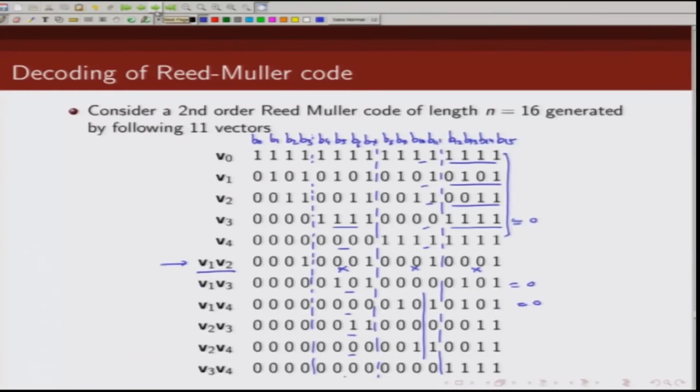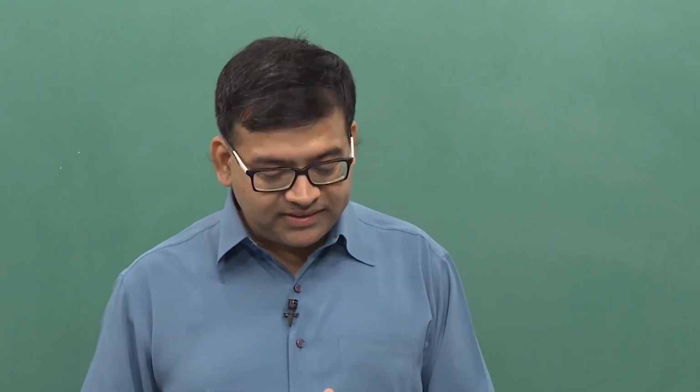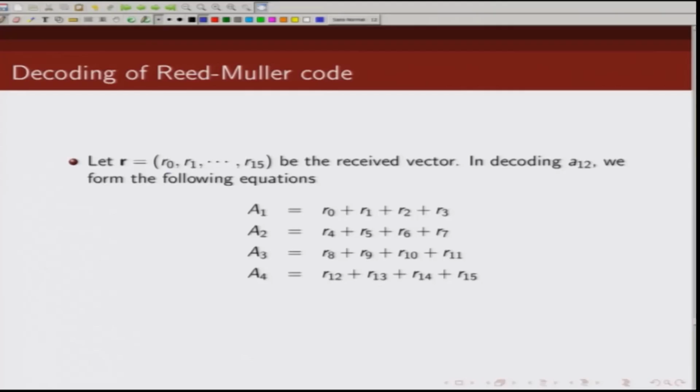And this will be repeated for decoding other bits as well. So, let us say my received bits are R0, R1, R2, up to R15, corresponding to the transmitted bits B0, B1, B2, up to B15. Then I can decode A12. How?